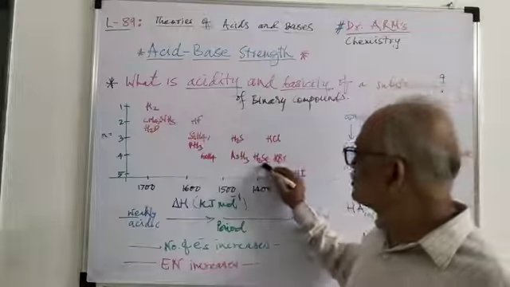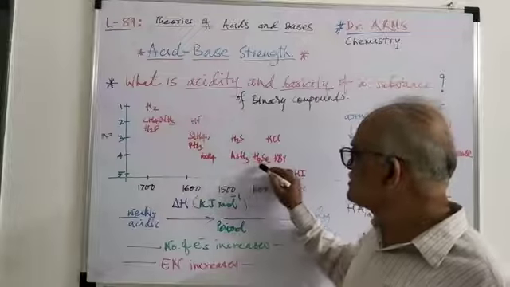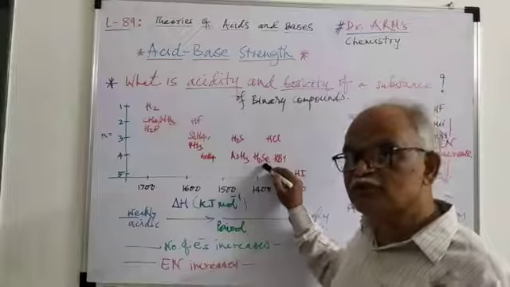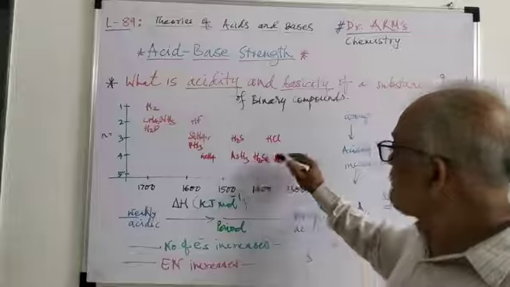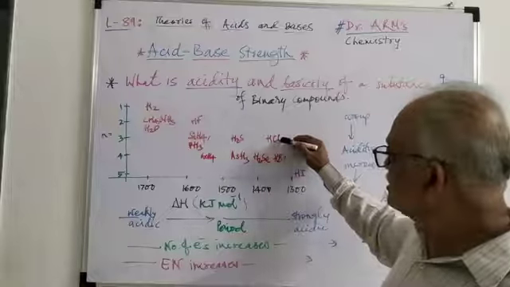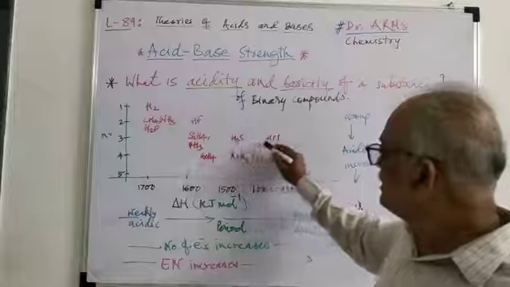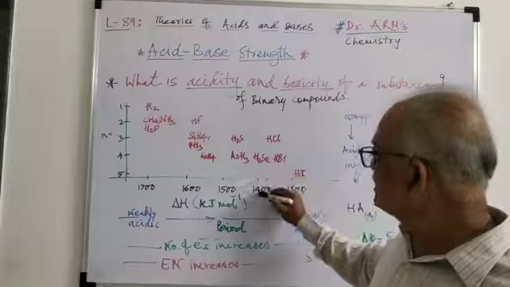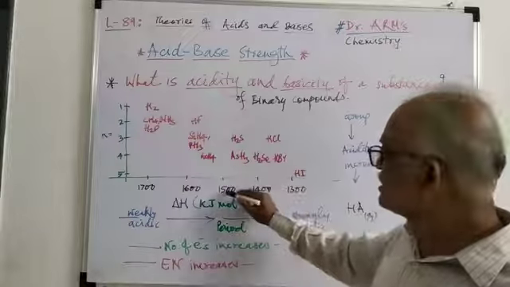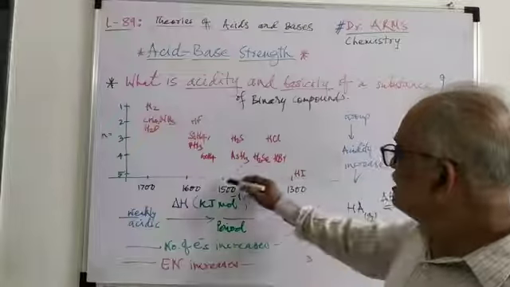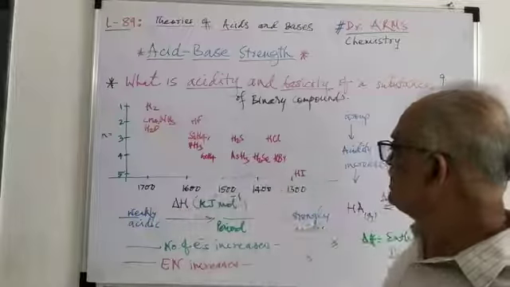Again, H2Se is a stronger acid compared to AsH3. And compared to H2S, HCl is a stronger acid because it is next to it and has a weaker dissociation enthalpy than the compounds on the left side.